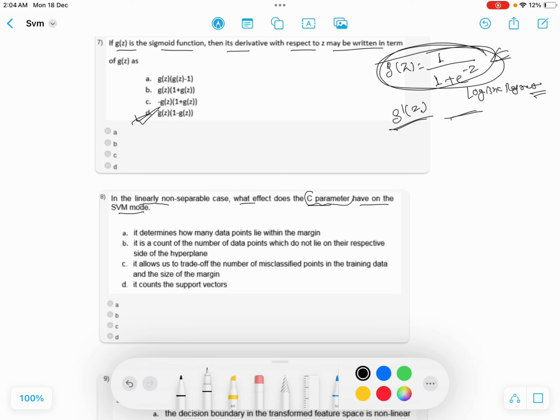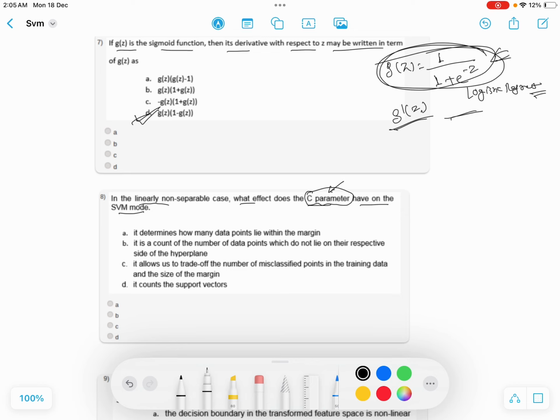So by tuning this parameter you can have some kind of trade-off between your bias and variance. By tuning this parameter C, we have control over the trade-off between bias and variance.